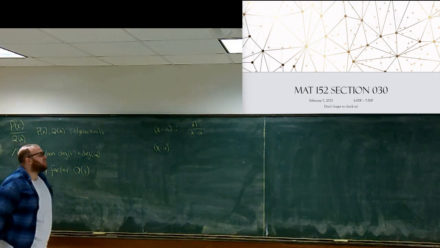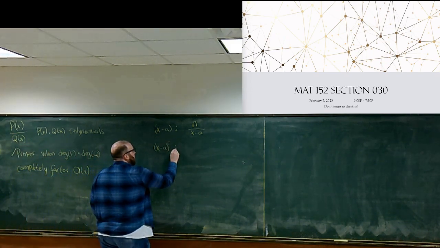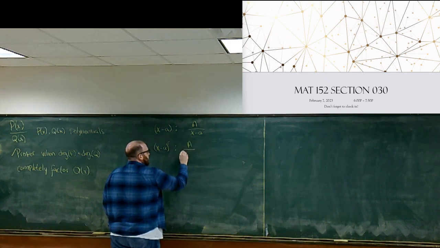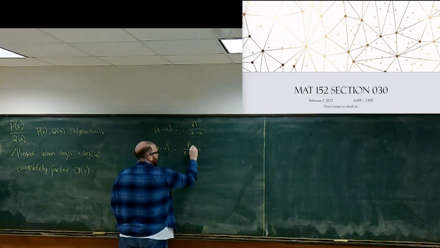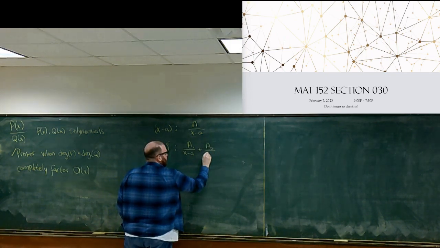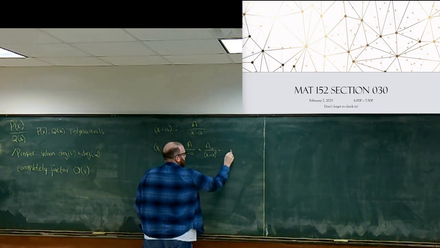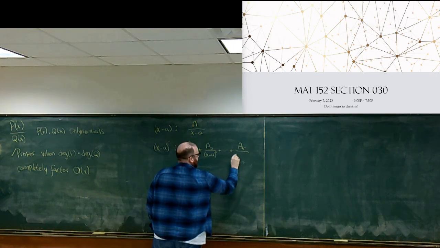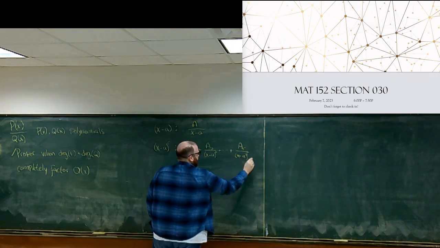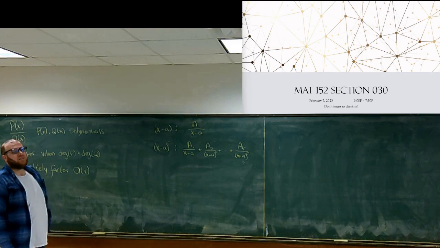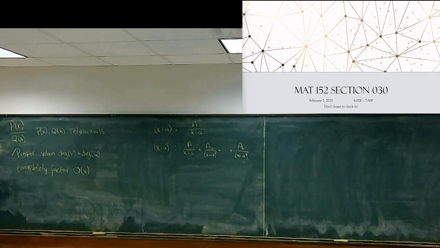If that linear factor is being raised to a power, let's call it r, then it's going to contribute that entire sum to the decomposition, where again, each of the a sub i's is a constant that needs to be found.